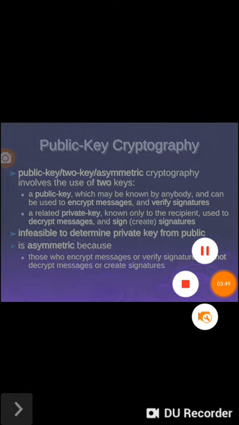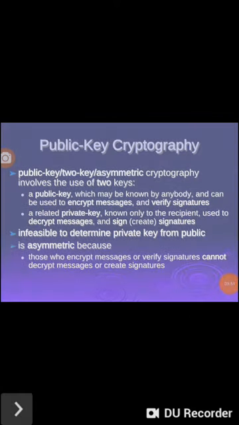So the public key is also called the two key, or asymmetric cryptography, and it involves the use of two keys. One is the public key, which may be known by anybody, meaning all the participants, and it can be used to encrypt messages and verify signatures.